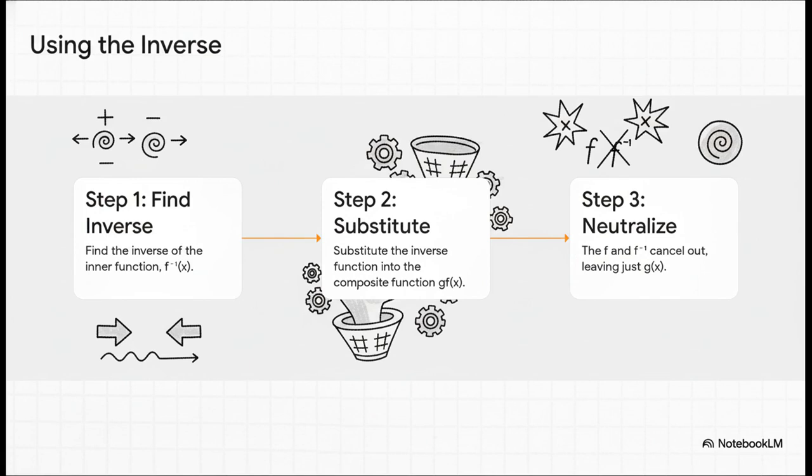So if f of x is add 1, its inverse, f inverse of x, is going to be subtract 1. Simple enough. Then you take that inverse and you substitute it into your composite function. And then, step 3, this is where the magic happens. The function and its inverse basically annihilate each other, they cancel out, leaving behind just the g of x you were looking for all along. It's an incredibly clever way to isolate that unknown.